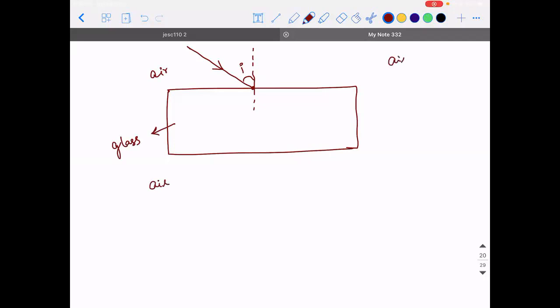Remember, air is rarer medium, and glass is denser medium. So when light is traveling from air to glass, what is happening?